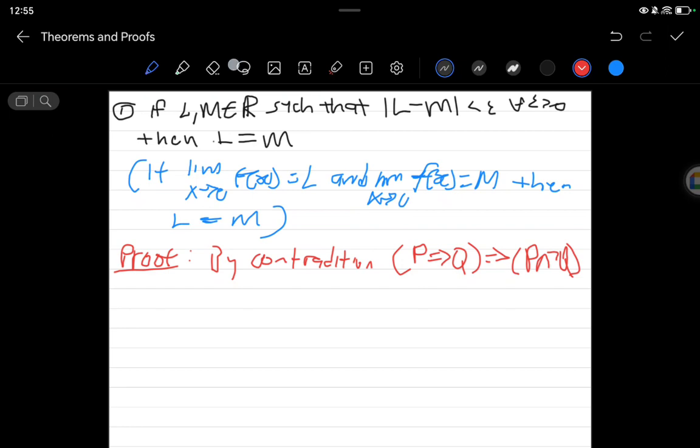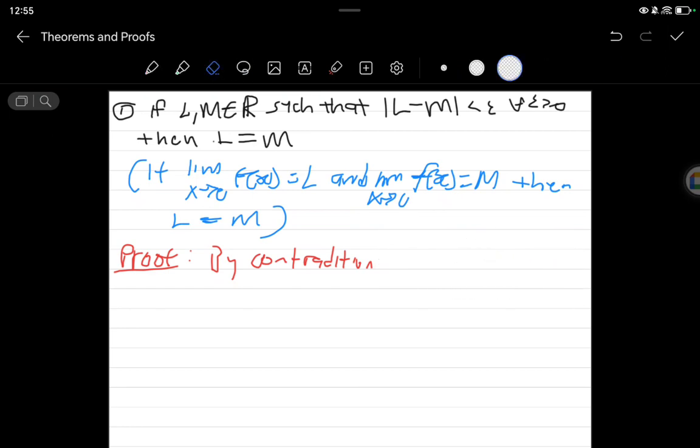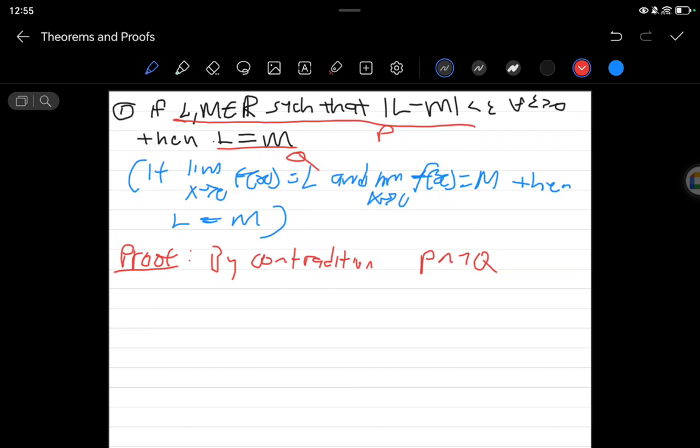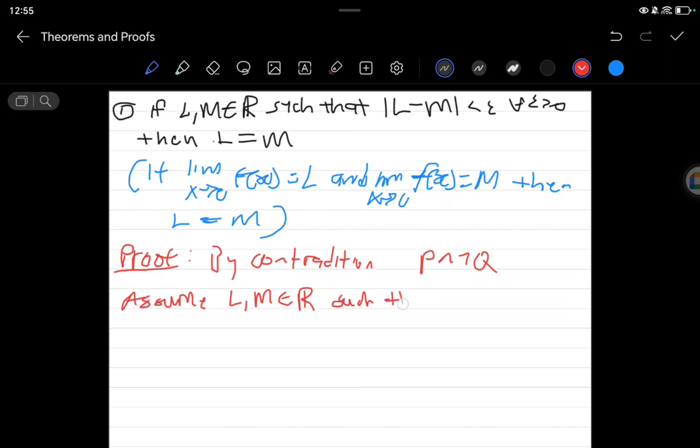Let me erase this. All right, P and negation of Q. First I'm going to check which one is my P and which is my Q. So I'm going to assume L, M elements of the real numbers such that the absolute value of L minus M is less than epsilon for all epsilon greater than 0, and then I write "and".